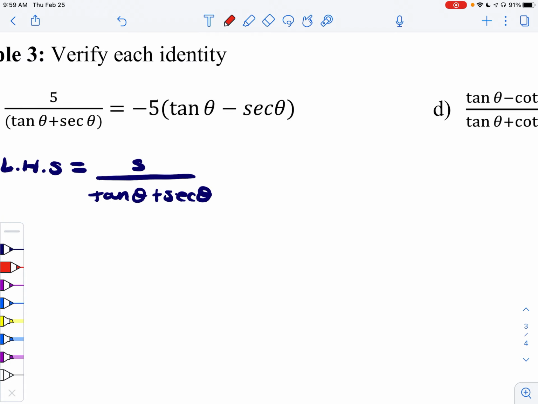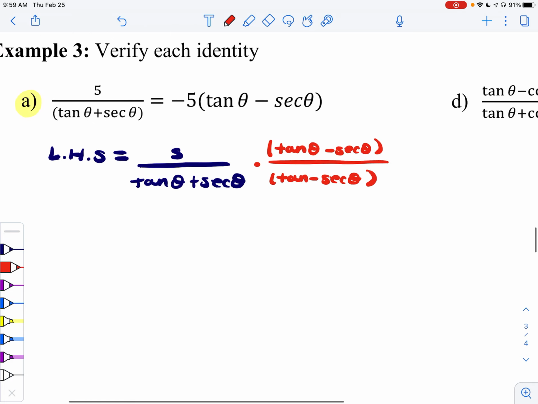All right, so we are going to go ahead and multiply this by our conjugate, tangent minus secant. And just remember, when you're multiplying by something, you have to multiply by 1, meaning you're multiplying by the same term in the numerator and the denominator.